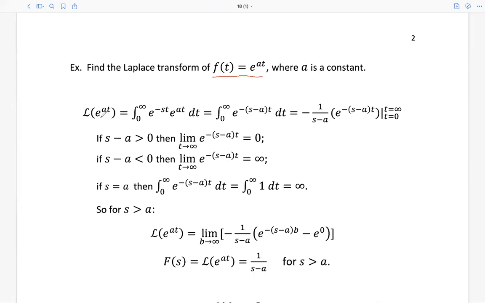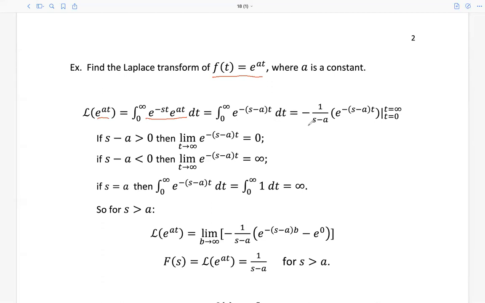Again, we use the definition. Laplace transforming the exponential function, the integrand has e to the negative st times e to the at, because this is our function. With the same base e, we just add the exponents, so we get e to the negative (s minus a) t dt.